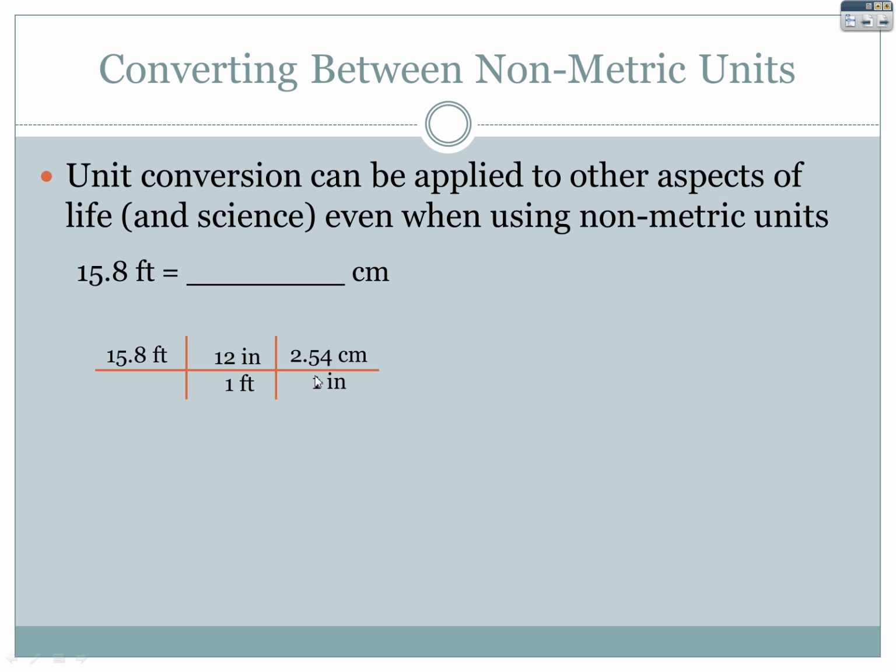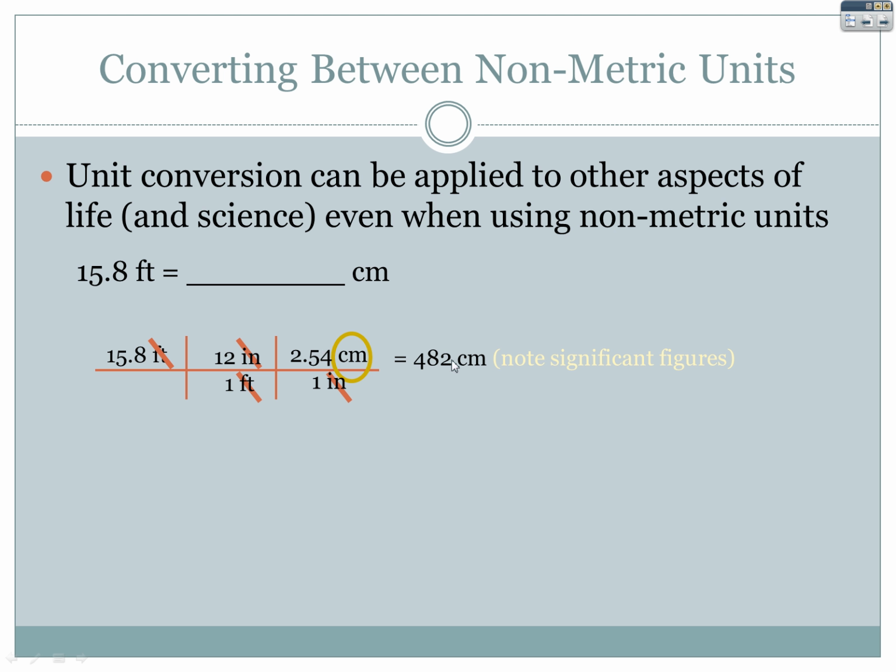Then I looked it up and I found a conversion factor from inches to centimeters, and I found that there are 2.54 centimeters for every 1 inch. So my feet canceled out, then my inches canceled out, leaving me with centimeters. I'm going to take everything on top and multiply it and everything on bottom and divide it. So it's 15.8 times 12 times 2.54 divided by 1 gives me my answer of 482 centimeters.